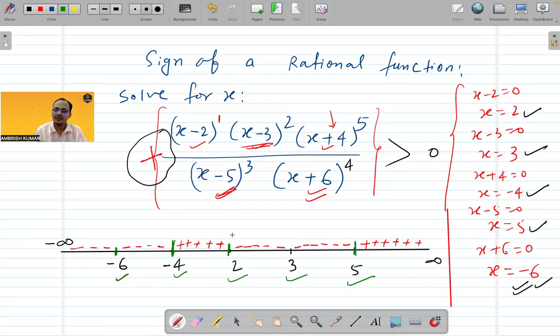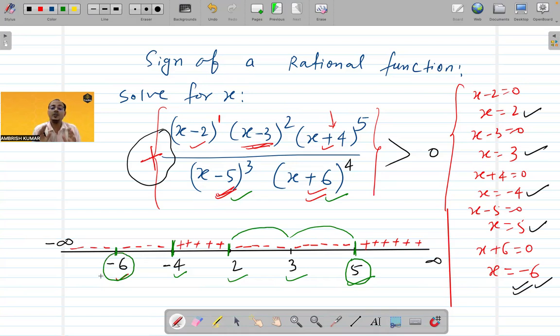Sometimes, we have negative from 2 to 3 and 3 to 5. So sometimes we can merge these two intervals to write as one single interval. Sometimes we cannot. So how to decide? Always keep in mind the numbers that you get from the denominator factors, like 5 and negative 6. So always keep in mind the numbers 5 and negative 6.